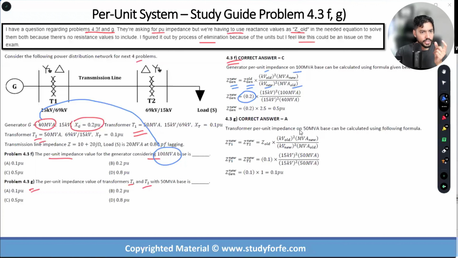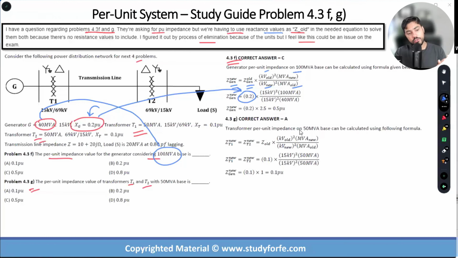Now, what is irritating the student is that you use a reactance value as Z old. He's like, why did you use this value? What's the answer, guys? What is the most significant component of the impedance in the generator? It is its reactance, correct?